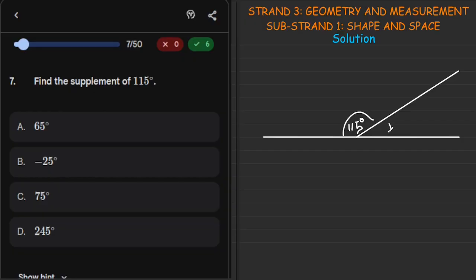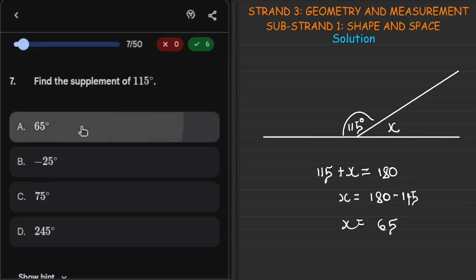What angle should this be so that it becomes 180? We say 115 plus x should give us 180. Then we make x the subject: 180 minus 115. Subtracting, we get x equal to 65. So that is A.